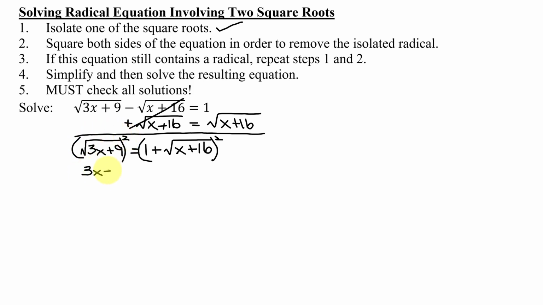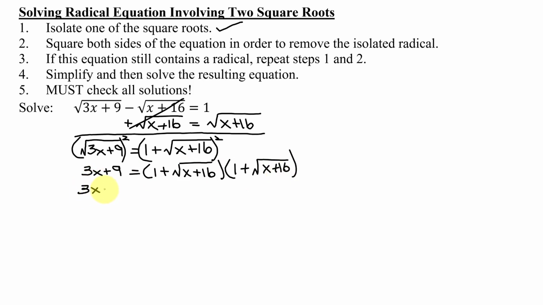So I'm going to get 3x plus 9 equals, since I'm squaring a binomial containing a radical, I'm going to do it the long way by writing 1 plus the square root of x plus 16 times 1 plus the square root of x plus 16, and then I'm going to FOIL out the right-hand side.